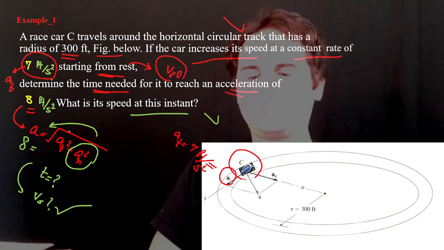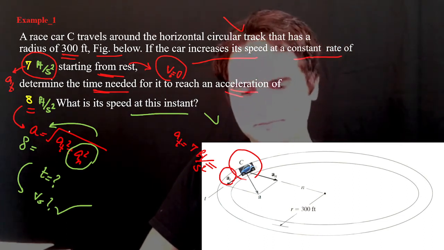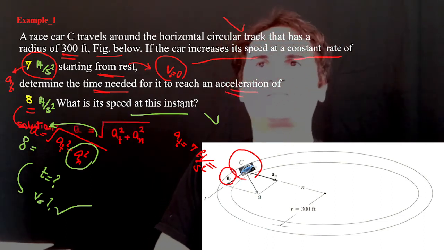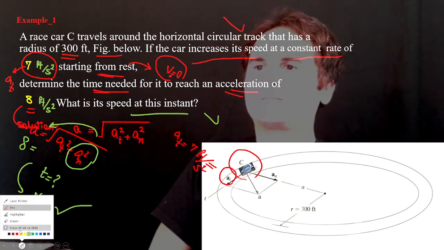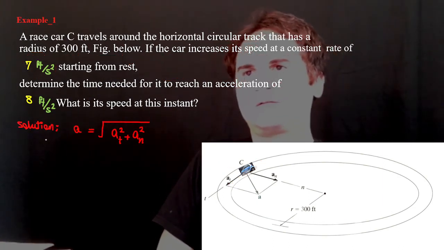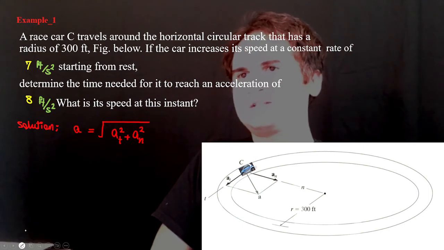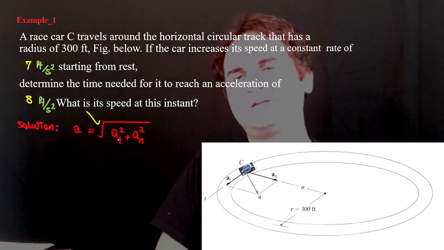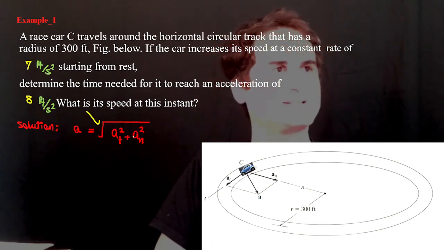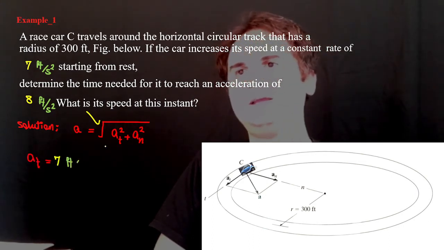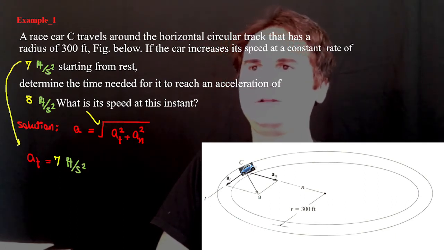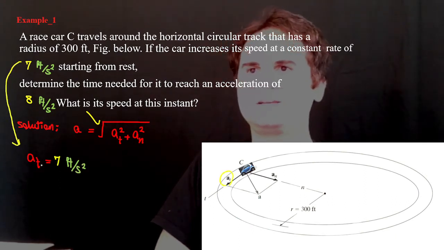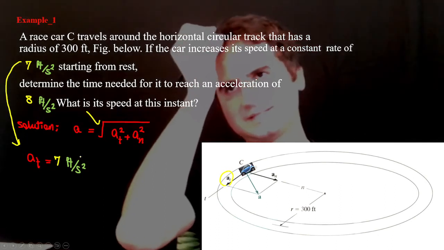Let's approach our problem. To start solving this problem, a is the square root of the tangential component of acceleration squared plus the normal component of acceleration squared, and at is given in the problem statement as 7 feet per second squared.